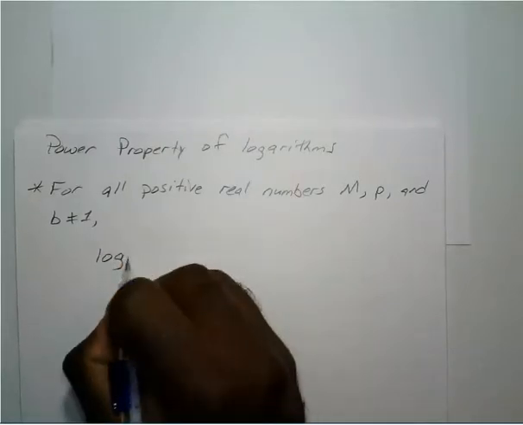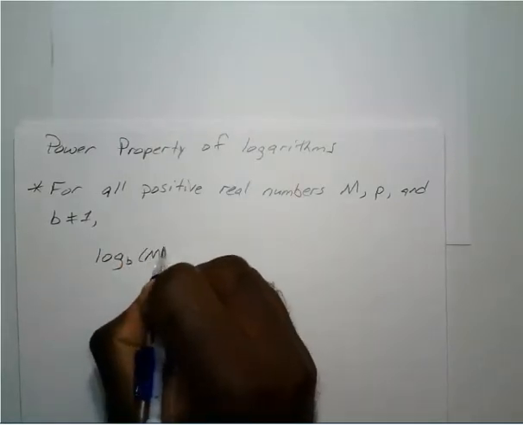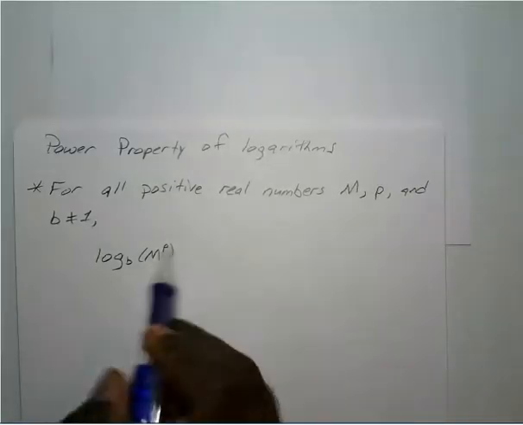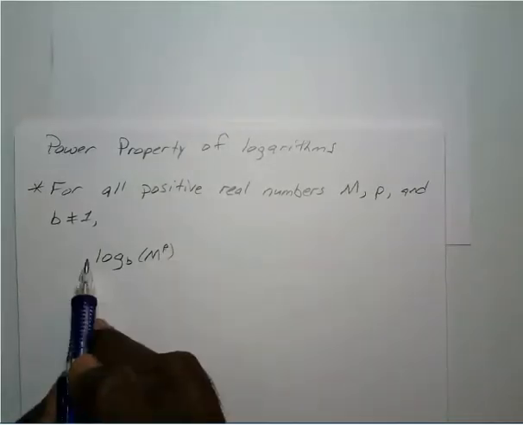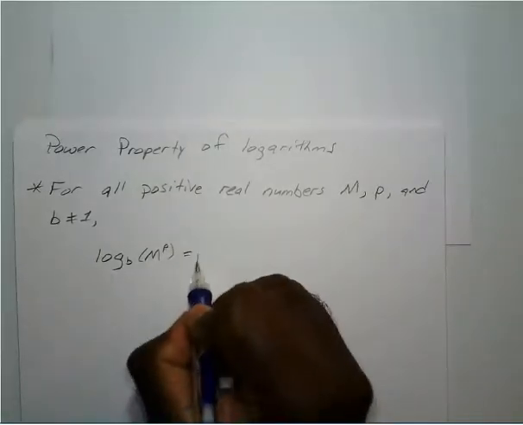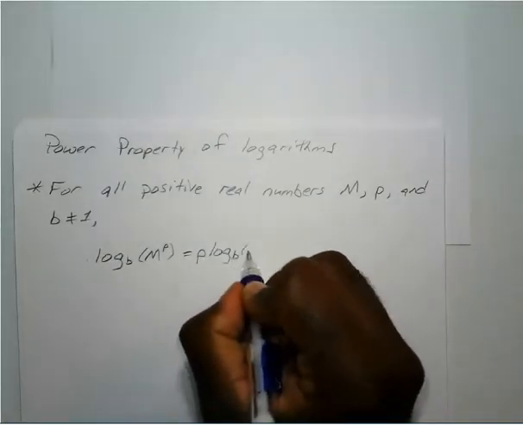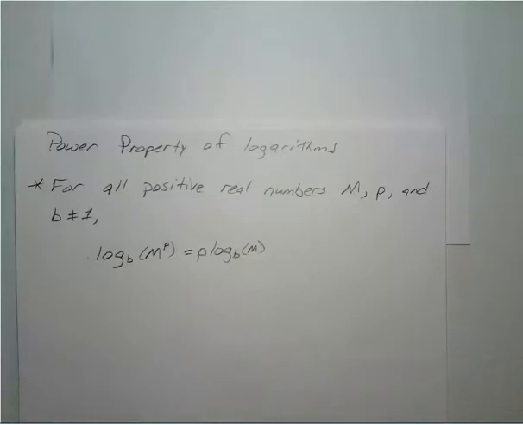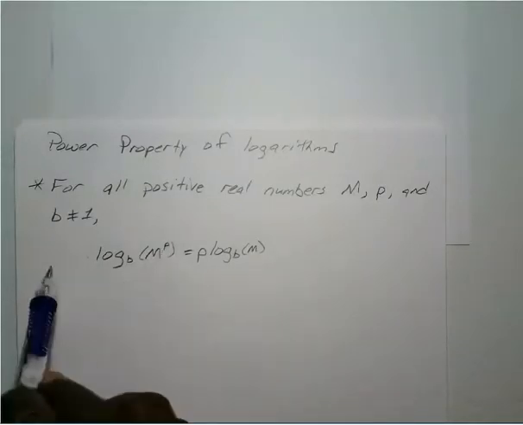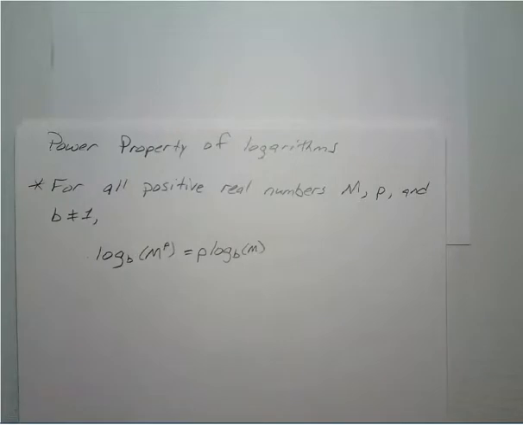The log base b of m to the power of p, we get that exponent and we just pull it down to the front, is equal to p times log base b of m. Okay, so that's the power property. Whenever you have an exponent, you just pull it right out to the front of your logarithm and multiply it.